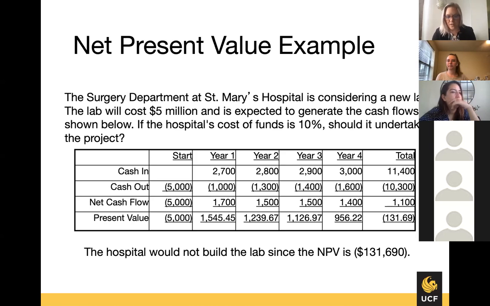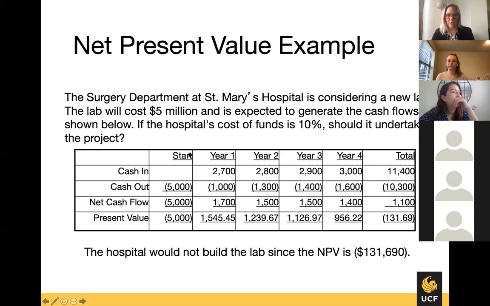So here is a table that gives you an example of this process. We can see here we've got 4 years, and this is a surgery department for a hospital in this example. We've got cash inflows happening each year. We've also got an initial startup cost of 5 million, or 5,000. I think these might be in thousands, but maybe not.